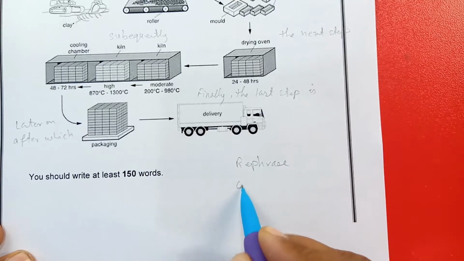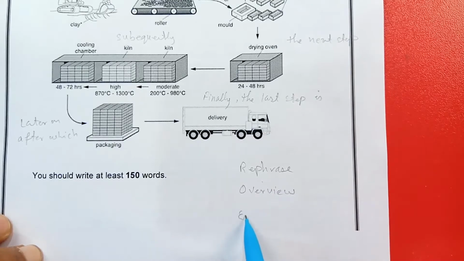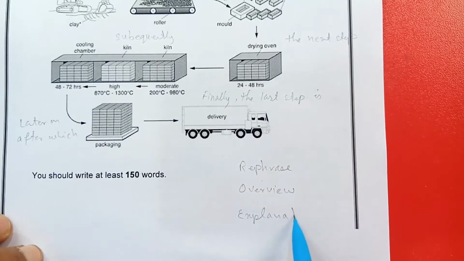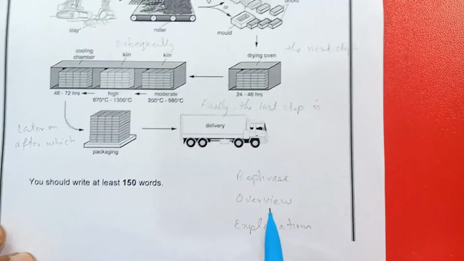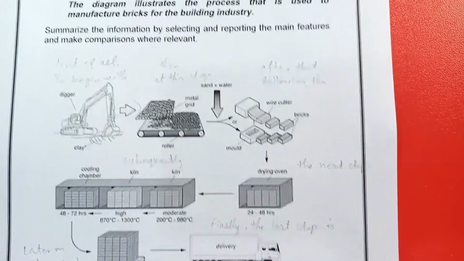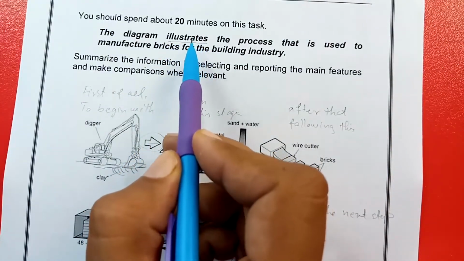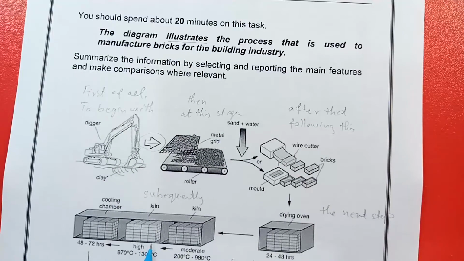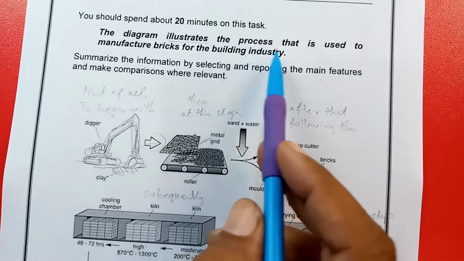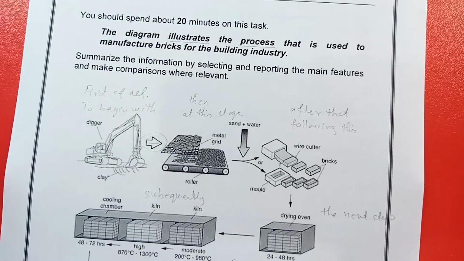And what we can write is, the diagram illustrates. You can use a synonym over here, like explains. Illustrates, shows, depicts, right? The process, you can write the word the way instead of the word process, like that is used to manufacture the bricks, the way in which bricks are made, for which purpose, for the building industry.